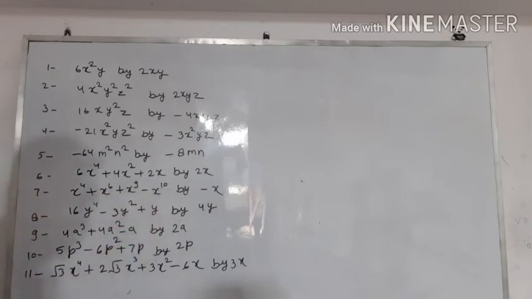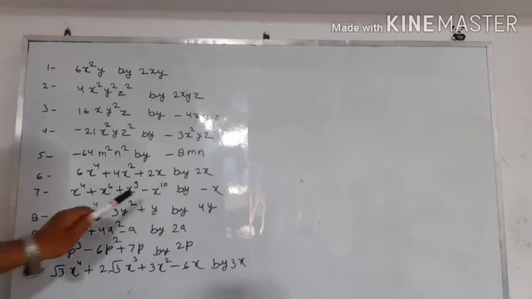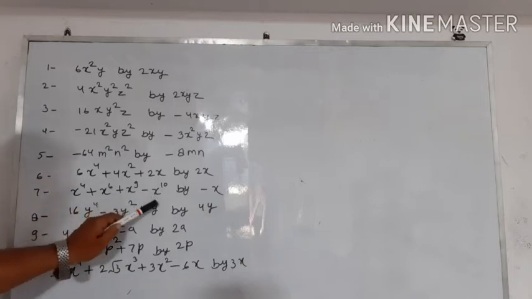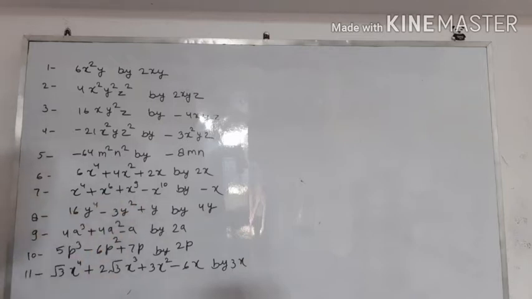And this way we cannot solve it. We have to write the exponents in descending order. Means first we will write minus x to the power 10, then x to the power 9, then x to the power 6, then x to the power 4.